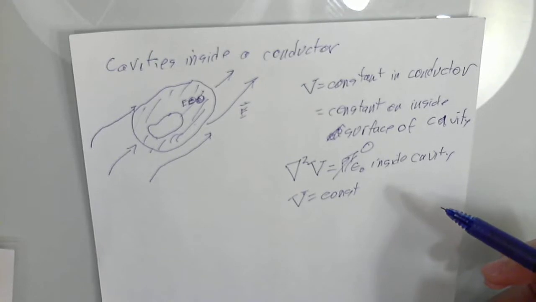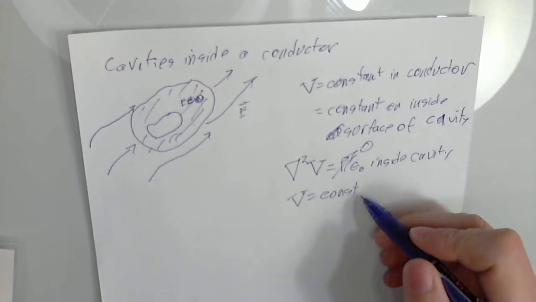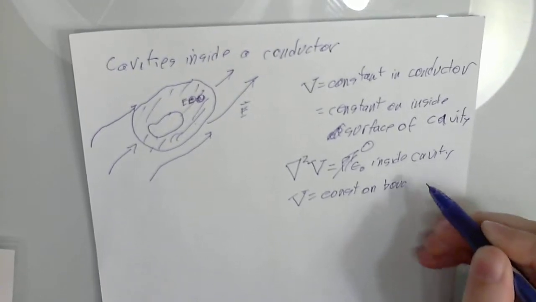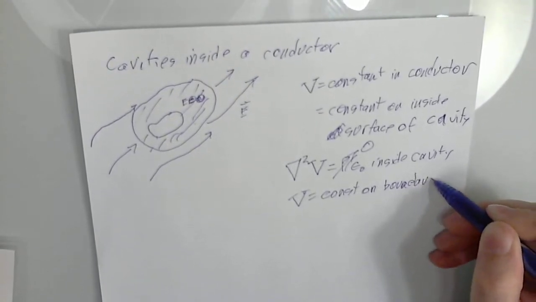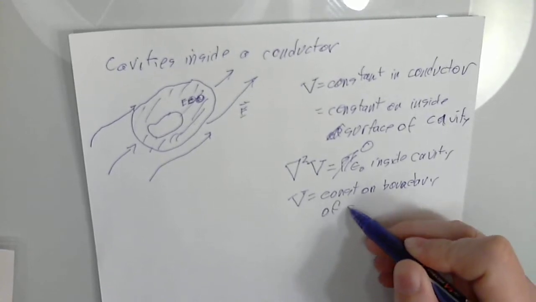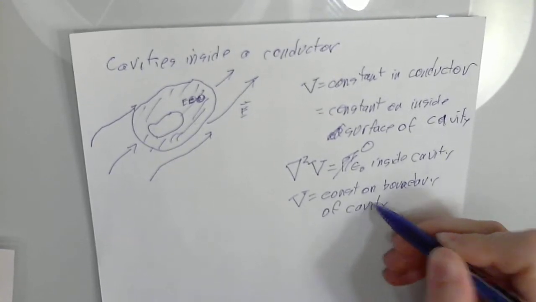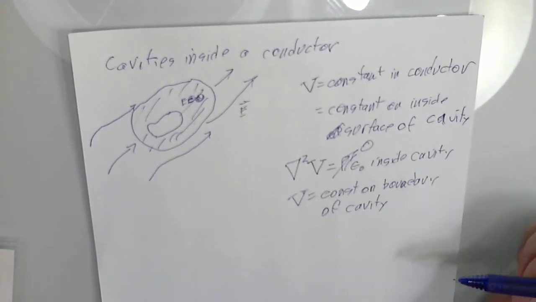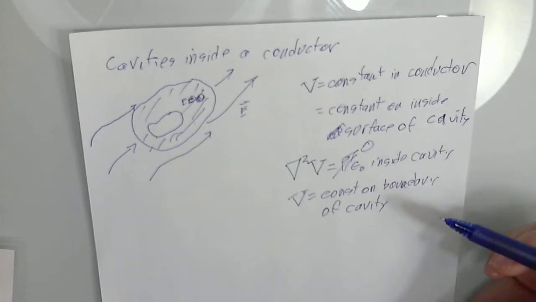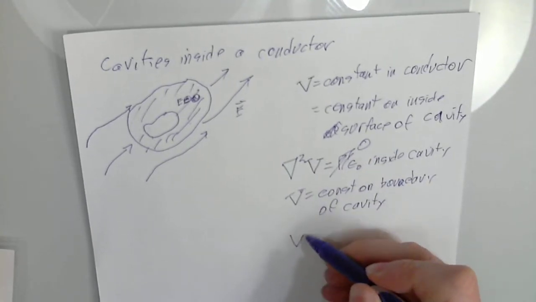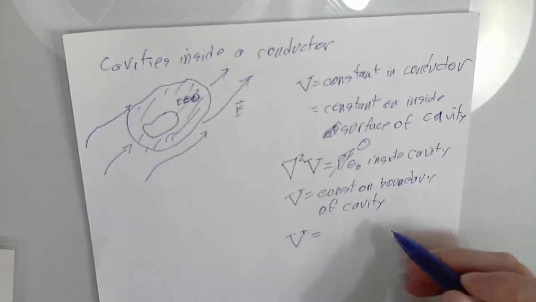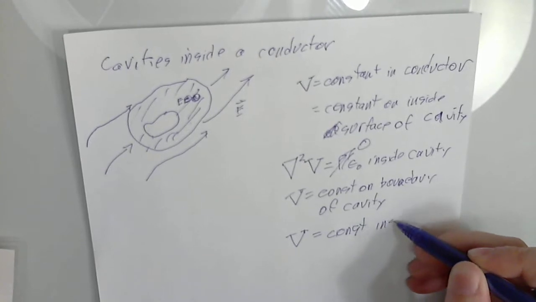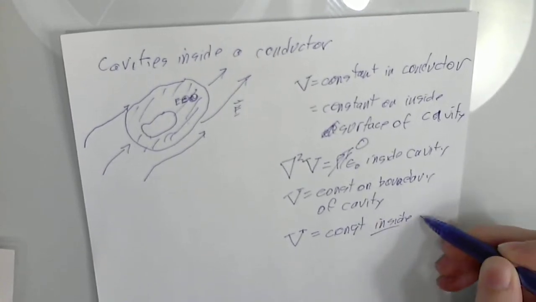So the electric potential is flat within that area, and we know that it has a constant value on the boundaries of the cavity. Can you think of a function that is completely flat and has a constant value everywhere on some outer perimeter? Well, I can. One possibility is that the electric potential is equal to just a constant inside the cavity.